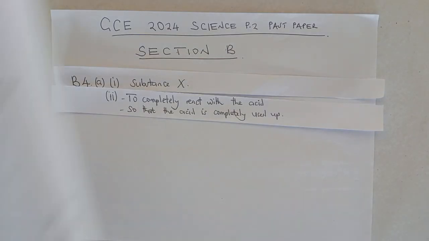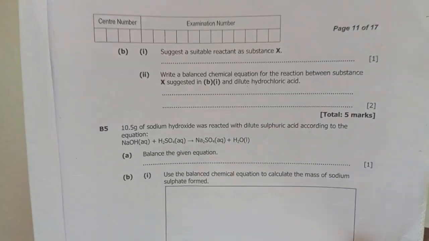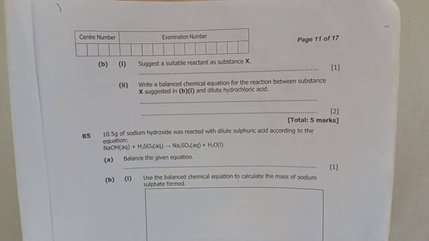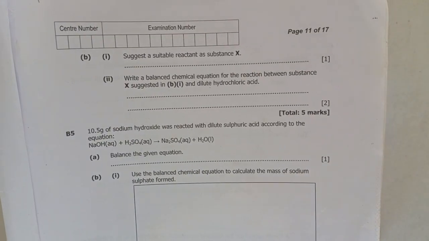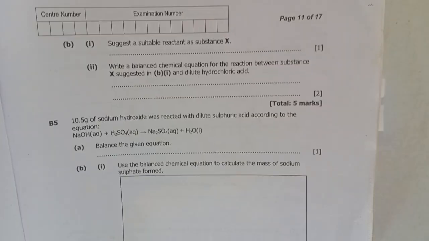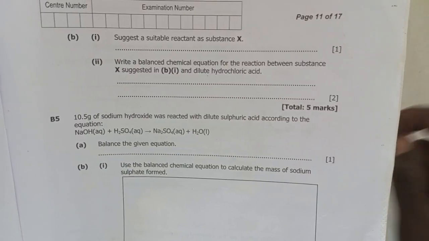We move on to the next question, which is question B. Question B4B Roman numeral 1. Suggest. You remember this one has come. Suggest doesn't mean that you are fixated at one answer.